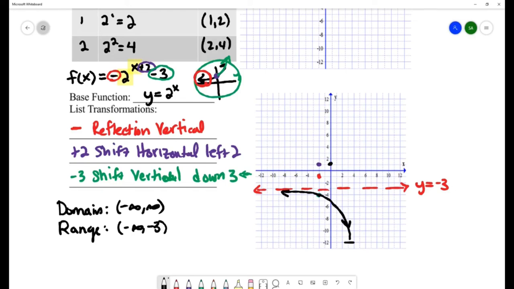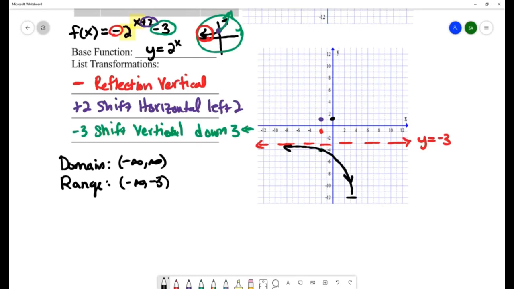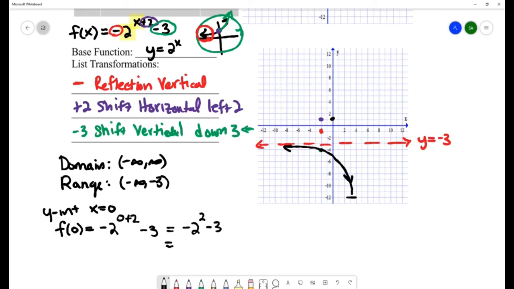We also need to determine the y-intercept. We can do that algebraically. So the way that we find a y-intercept is by letting x equal 0. So I'm going to substitute a 0 into my function. That's -2 to the 0 plus 2 minus 3. -2 to the 2 minus 3 is -4 minus 3, and that's -7.